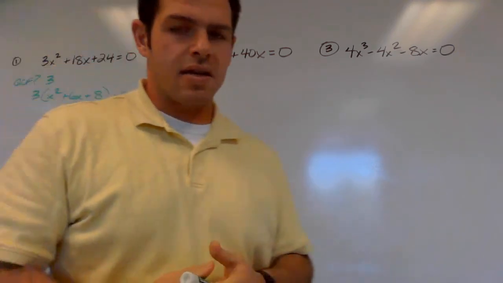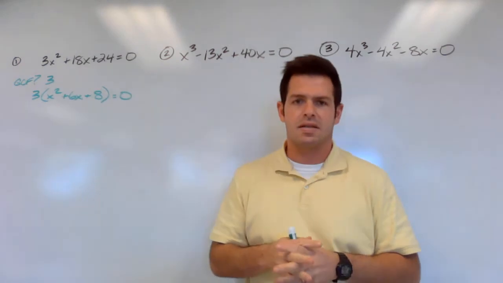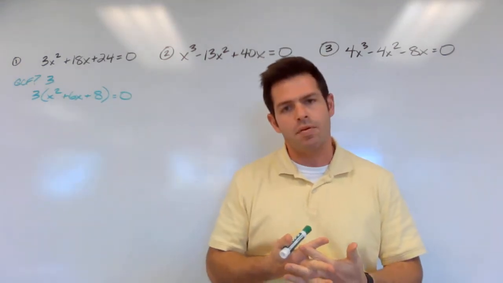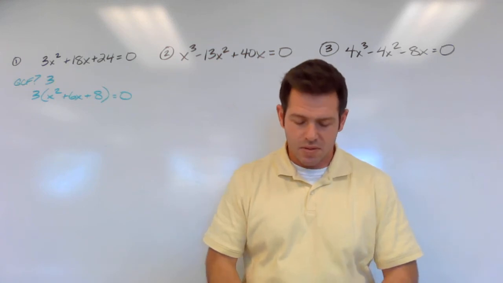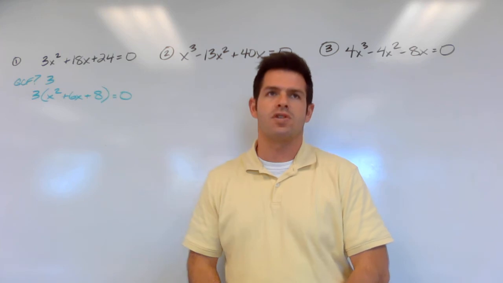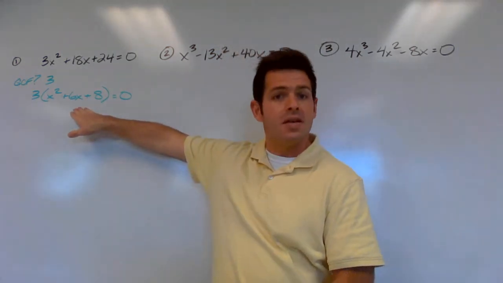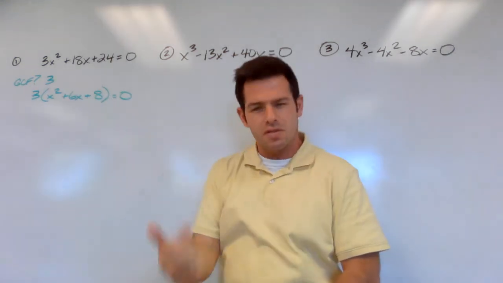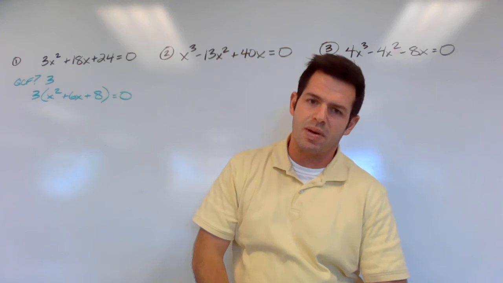So we factored out the GCF, that's fantastic. I look inside that parenthesis and I see a quadratic still, so there's more to check here. It's not an intercept form. Inside the parentheses here is standard form. That's a hint that I haven't factored this as completely as possible quite yet.